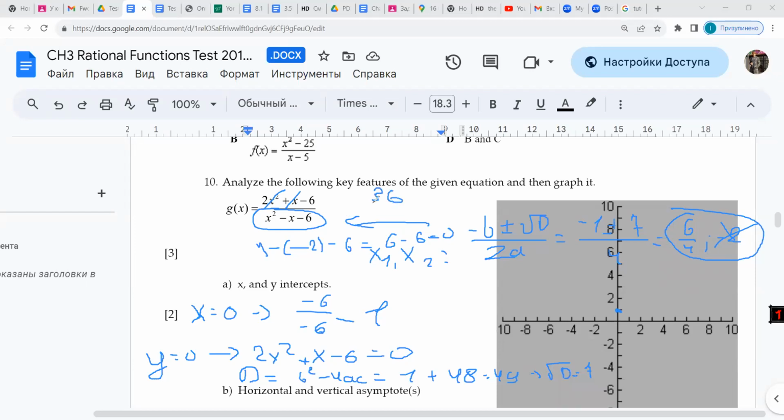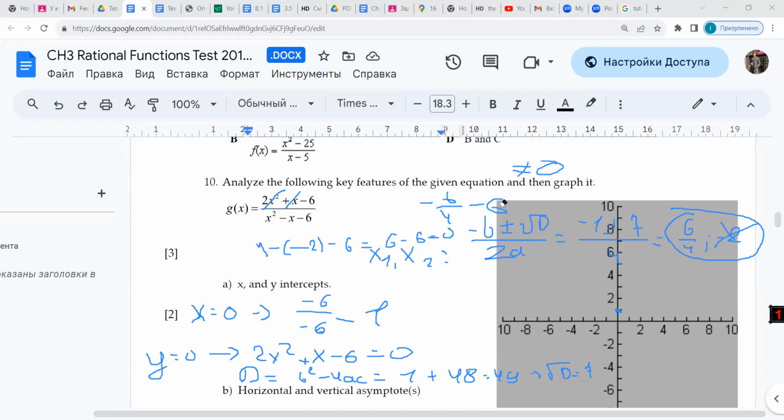It'd be 36 over 16 minus 6 over 4 minus 6. I believe it's obvious that this expression does not equal 0, so it's okay.